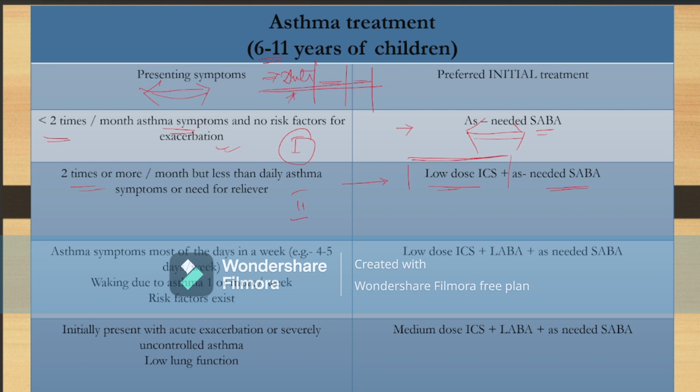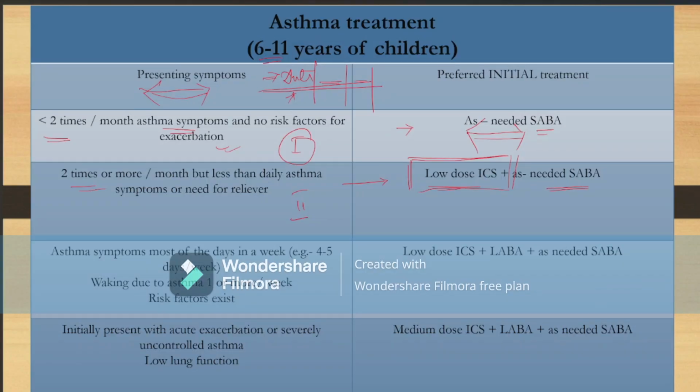This control therapy is given to decrease the exacerbations and also to decrease the inflammation in the bronchus. That's why we always give low dose inhaled corticosteroid if any patient has symptoms more than 2 times in a month. This is stage 2 treatment.